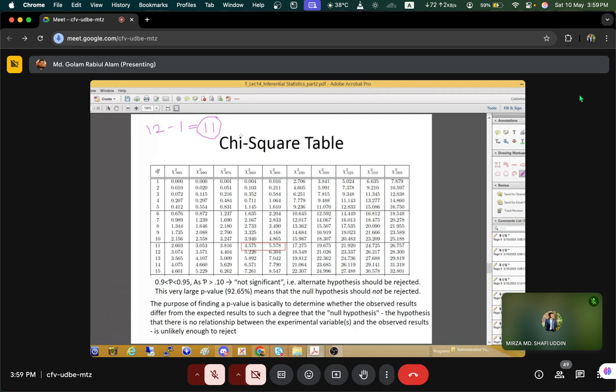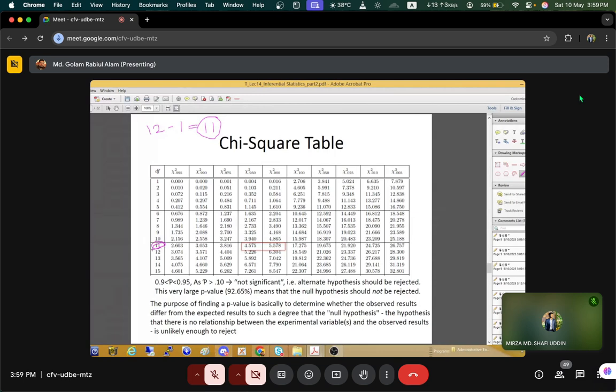We look at row 11, and our value is 5.09. So we have to find 5.09 here.